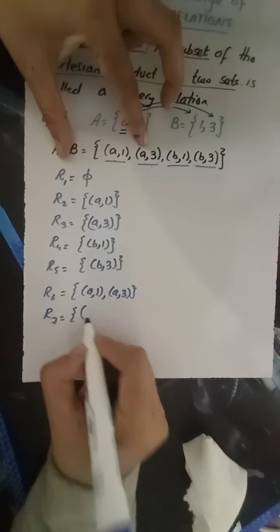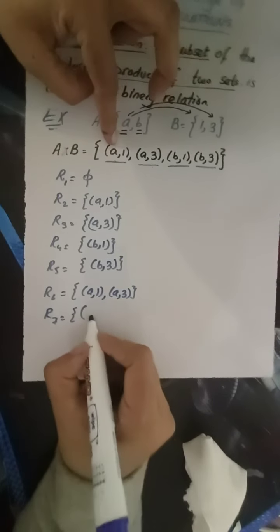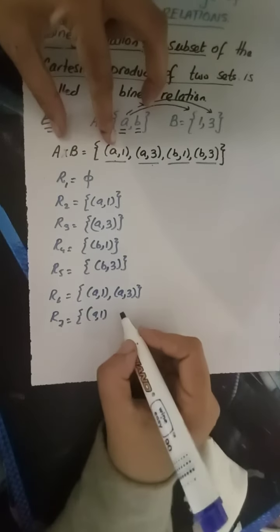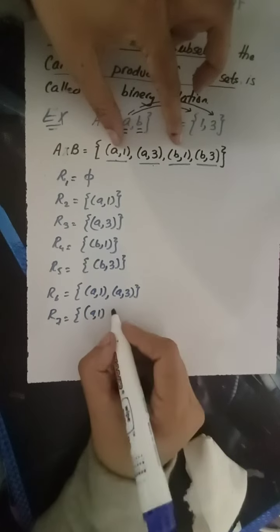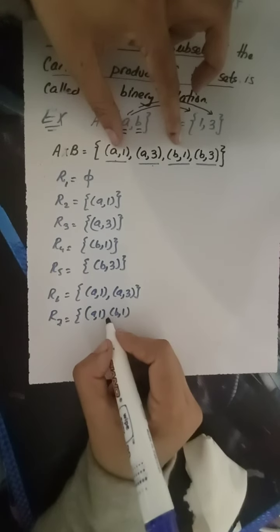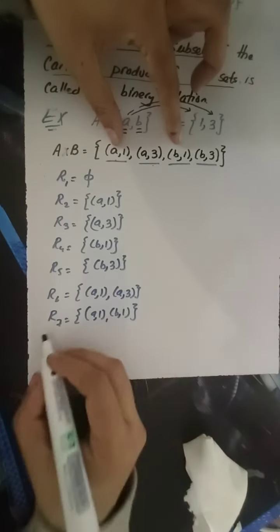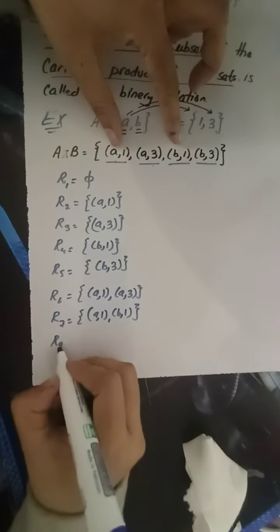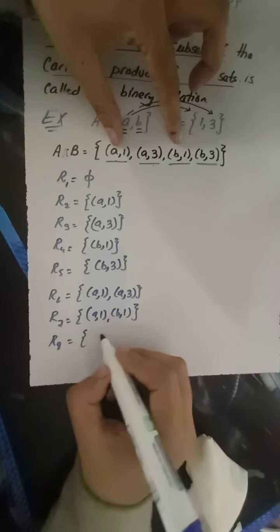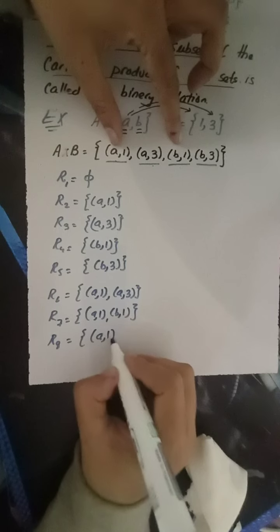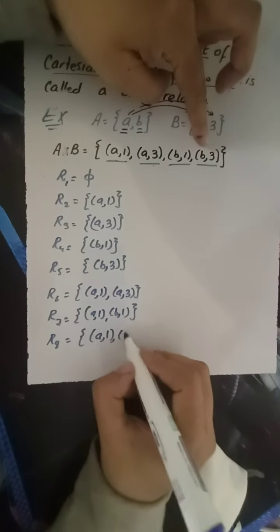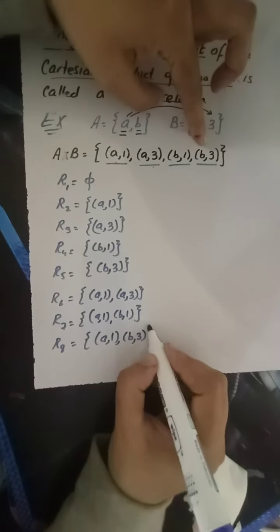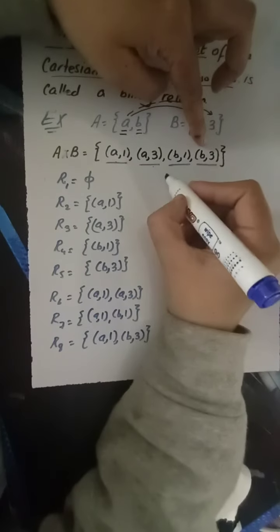Similarly, the next binary relation that we can take is this member with this element. This is the seventh binary relation. Similarly, A1 and B3. Now this is the eighth binary relation.